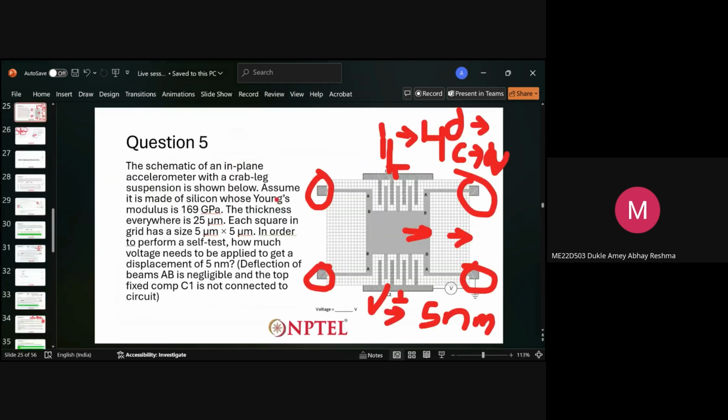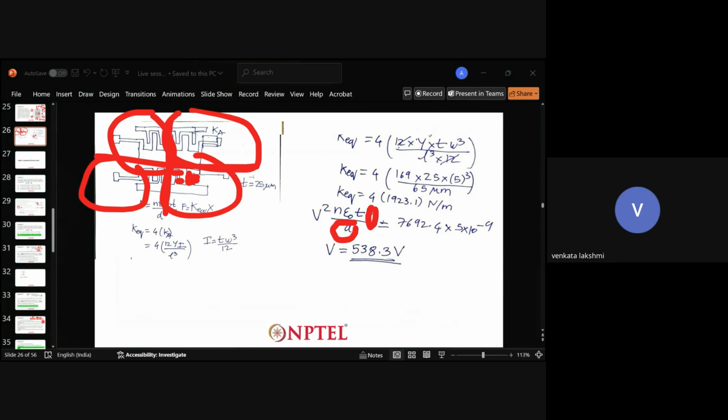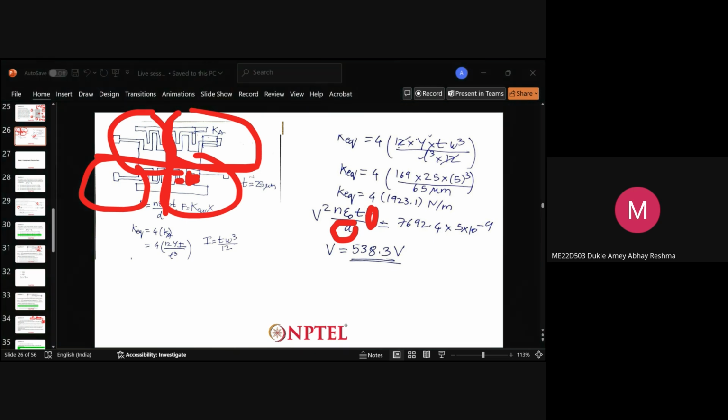Give me a second, I'll just reshare my screen. Sir, what will be the n value? I want to see the original figure. Yeah, I'll give it to you. Just a moment.